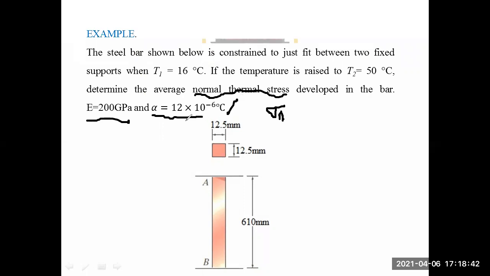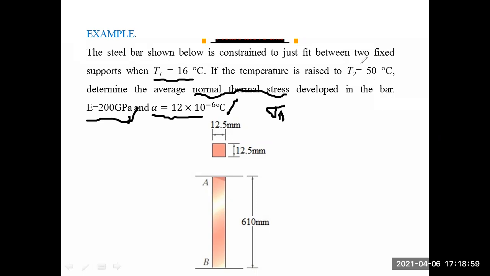So we have alpha, we have modulus of elasticity, we have delta T. What is needed is to calculate the normal stress within AB.